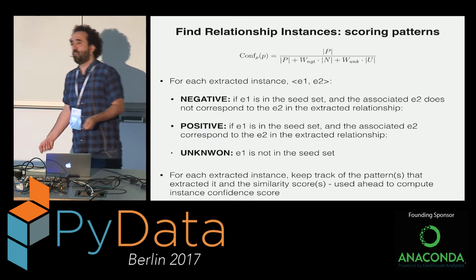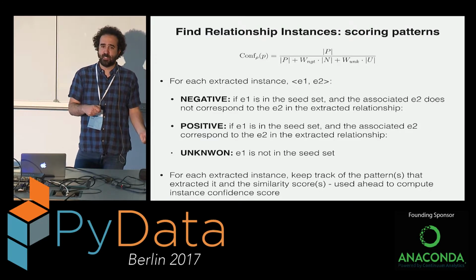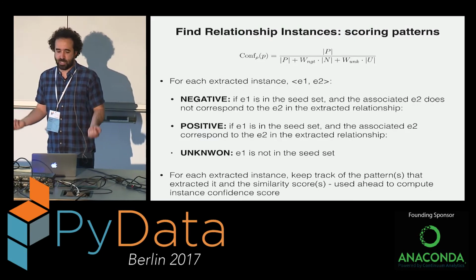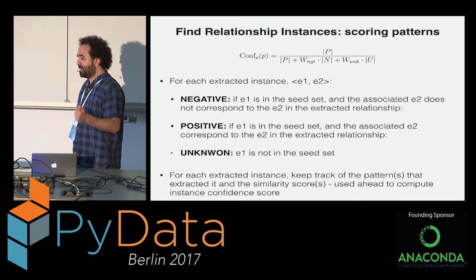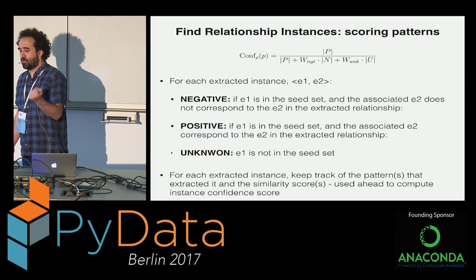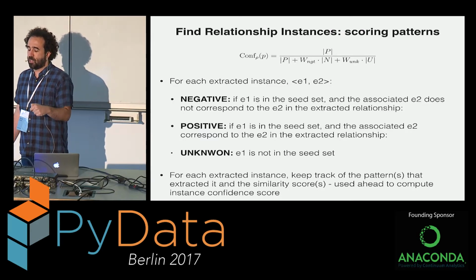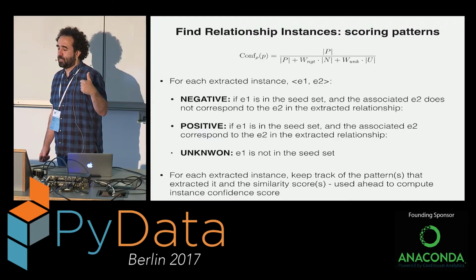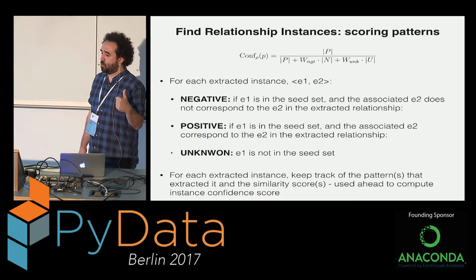So imagine that we found a new instance in the text, and we are going to extract that instance because the similarity with the extraction patterns says that we should extract it. And imagine that we gave as input on the initial seed set SoundCloud and Berlin. If the extracted instance is also SoundCloud and Berlin, then we give a positive point to the pattern because it extracted something that we already know.